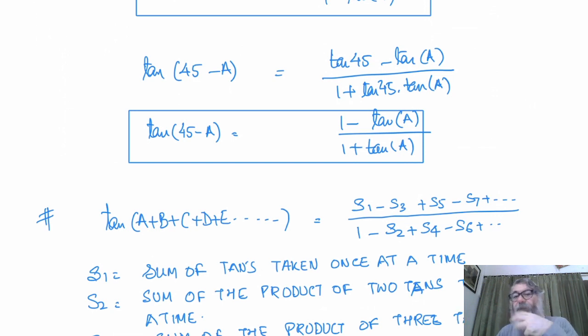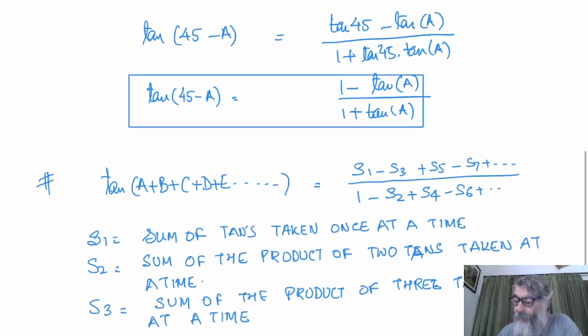Similarly, S4 means the sum of the products of four tans taken at a time. S5 means five taken at a time, the sum of the products of five tangents taken at a time.